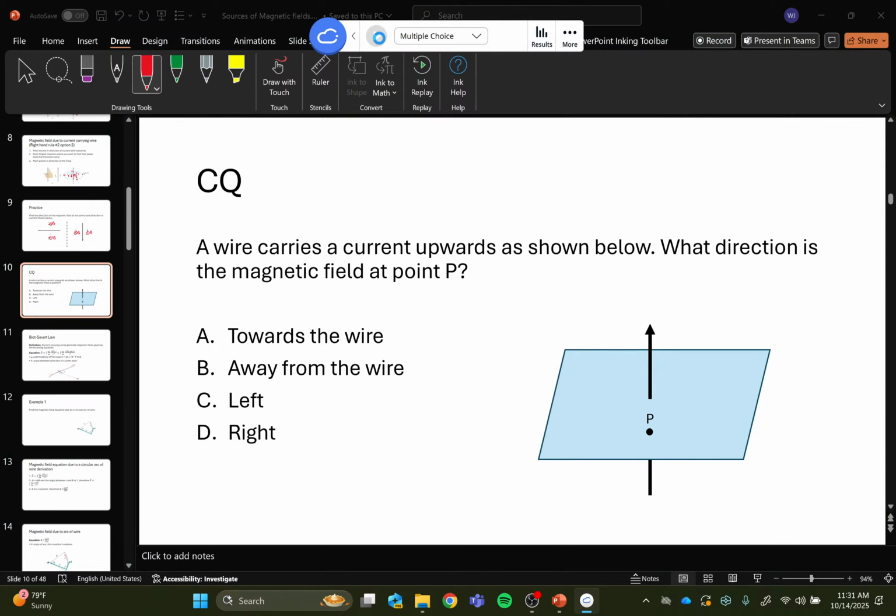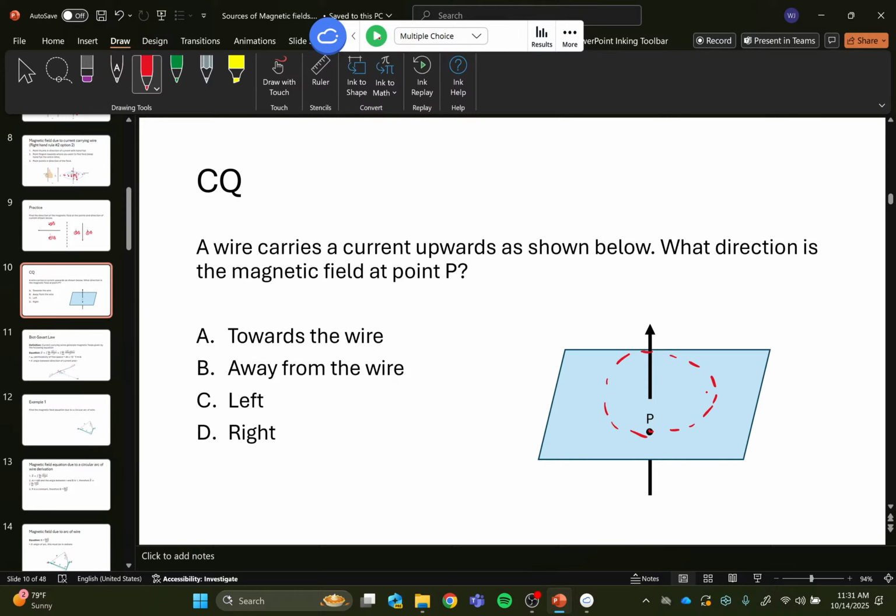So we're going to do both techniques. I'm going to do the circle technique first. I put my thumb up, and the current makes a circle. Based on how I'm looking at it slightly from above, that circle is going to go counterclockwise. So if I want the field at this point, it's to the right. It's tangent to that circle. At that exact point, that circle is going to the right.